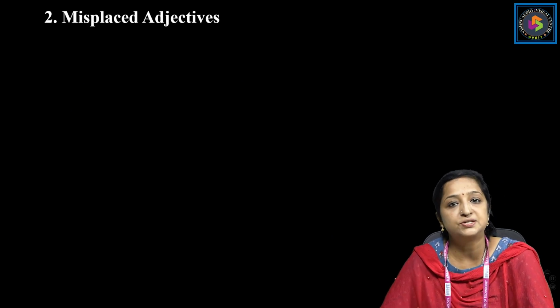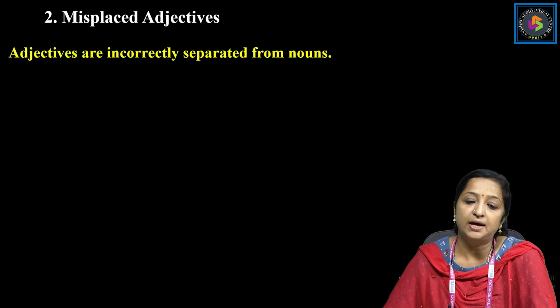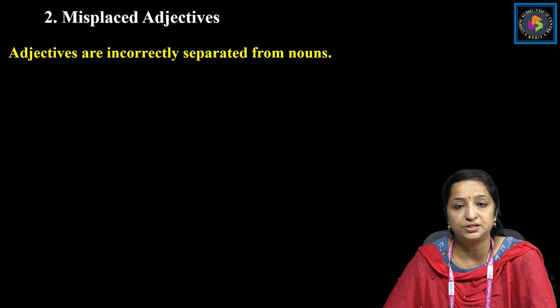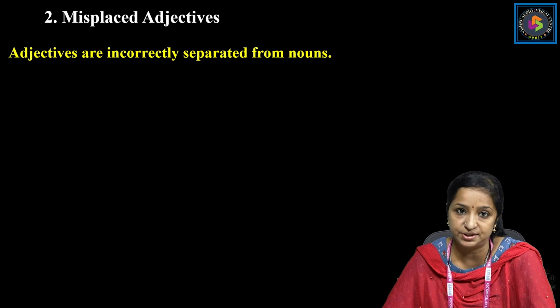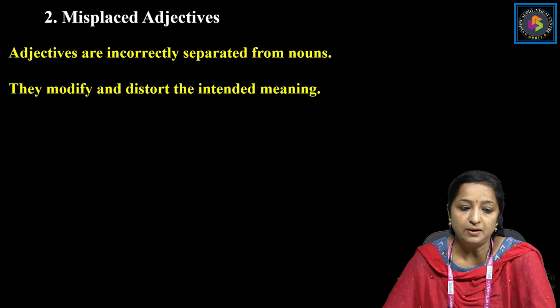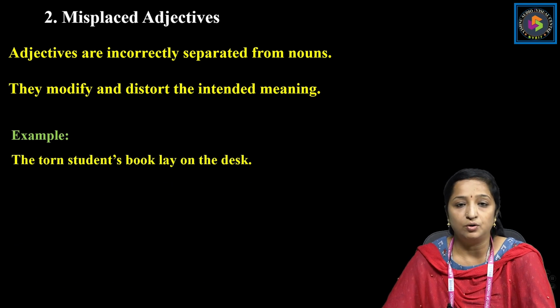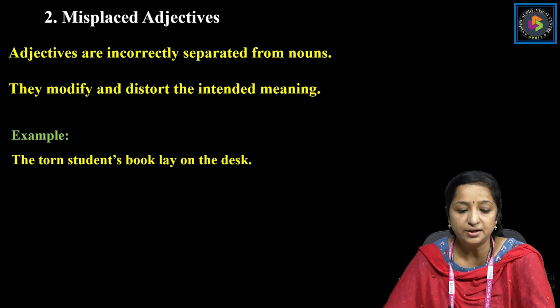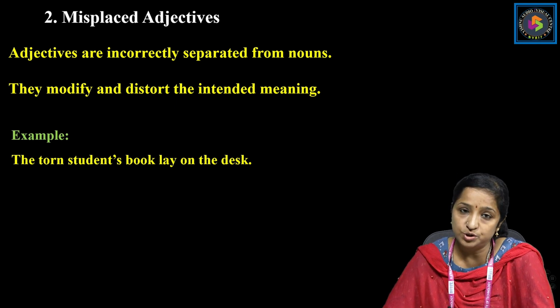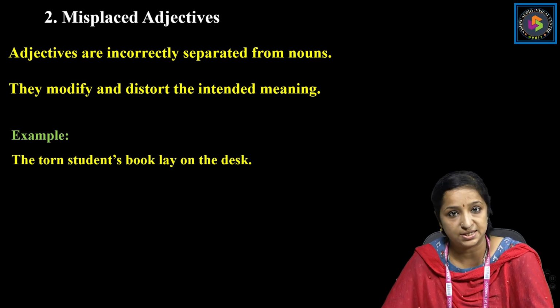Now, let us go to the second type, that is misplaced adjectives. What are misplaced adjectives? Adjectives that are incorrectly separated from nouns or pronouns are called misplaced adjectives. Let us see an example. The torn student's book lay on the desk. With this sentence, we are able to know that the students were torn into pieces and their book lay on the desk.